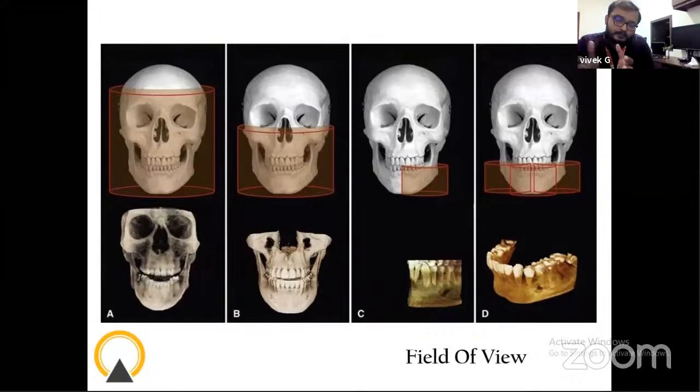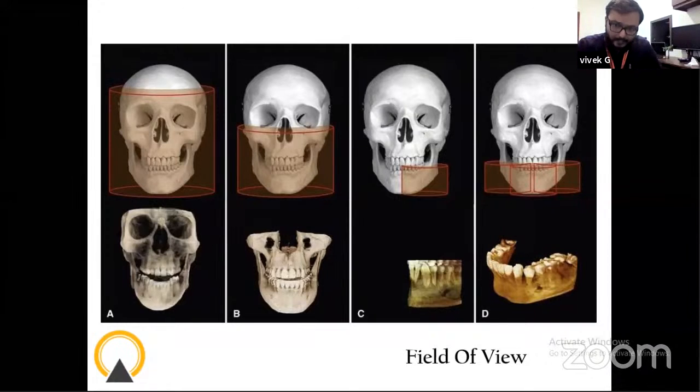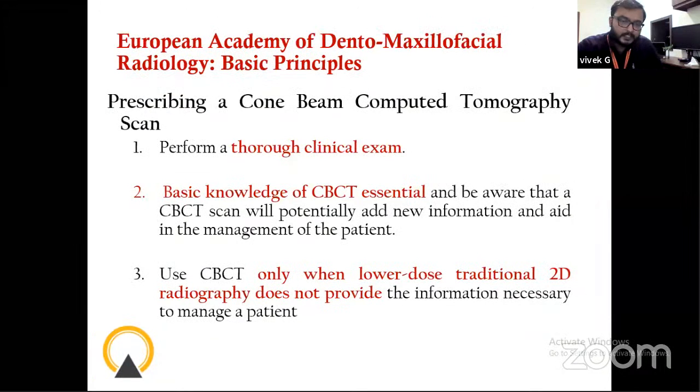For example, if it's an implant in the third quadrant, then you can just get the third quadrant scan, whereas if you have to go for a mandible scan, you can get a full mandibular field of view. And if it's a maxillomandibular view, you can basically adjust the field of view as per your convenience, thus reducing the exposure to the patient. At the same time, you can get so many dimensions within your radiograph.